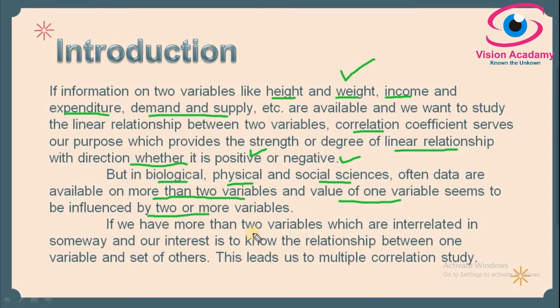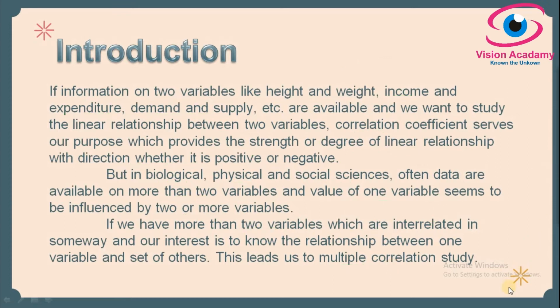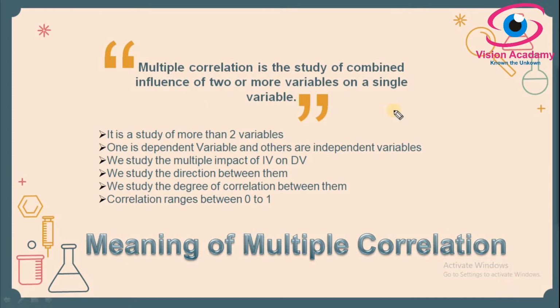If we have more than 2 variables under study which are interrelated, and correlation between those 3 or more variables exists in some way, then we need to apply multiple correlation to deal with those instances. So let us see some examples. How do we obtain such an instance in the next slide?